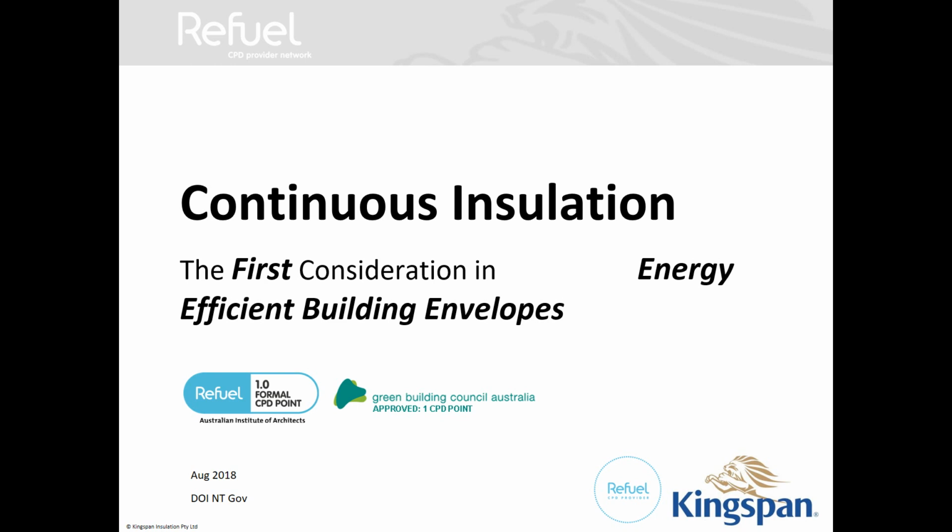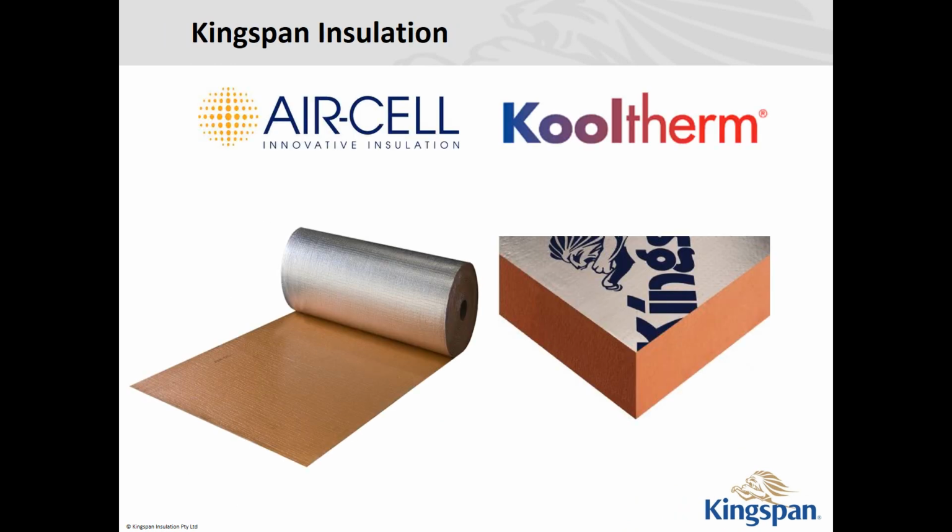But one limitation is that if you're doing skillion roofs, the SIPS panels available still don't meet the R-value requirements within the NCC, so you've got to include other elements. One of the talks that we give is on continuous insulation, and we achieve that by using either the Aircell or the Coolterm.